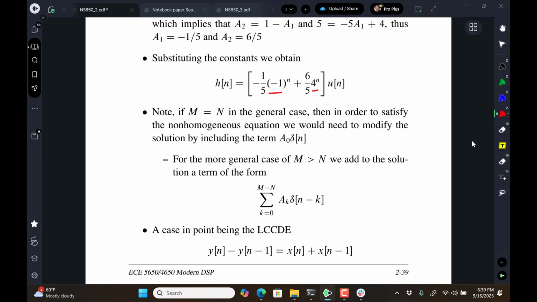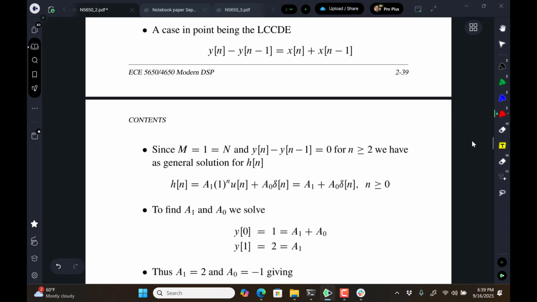It's very similar to that in the homework problems, except this is an unbounded system because of the roots' magnitudes. One root has magnitude greater than 1, a root of 4, and the other has magnitude 1. So it's a very unstable system.